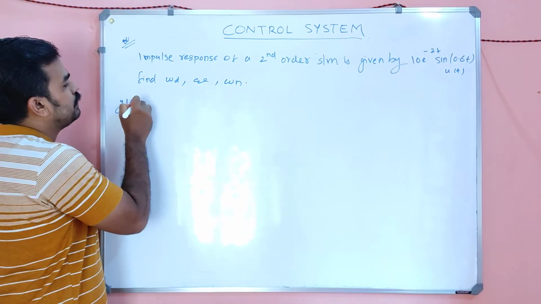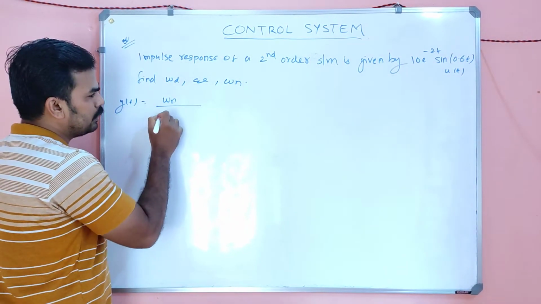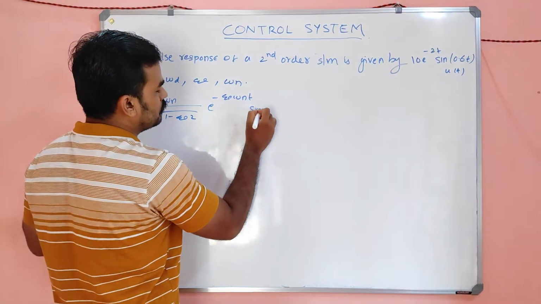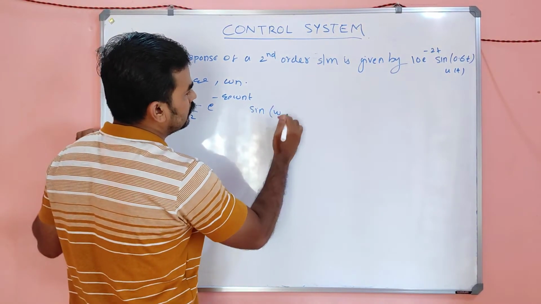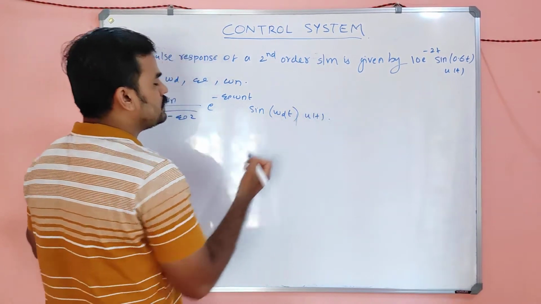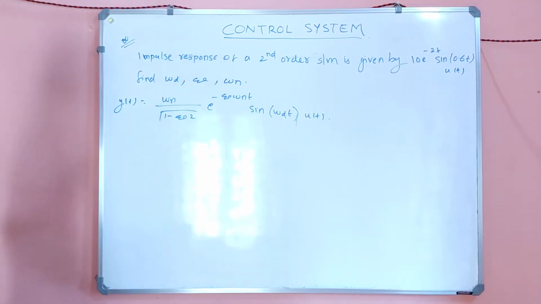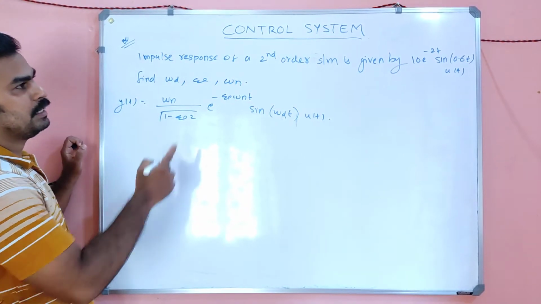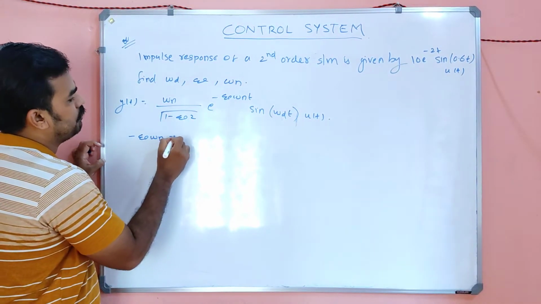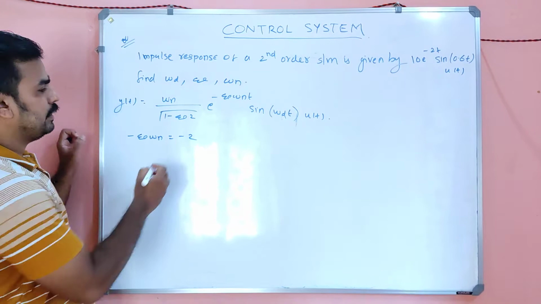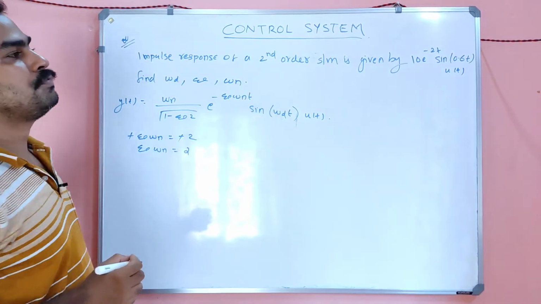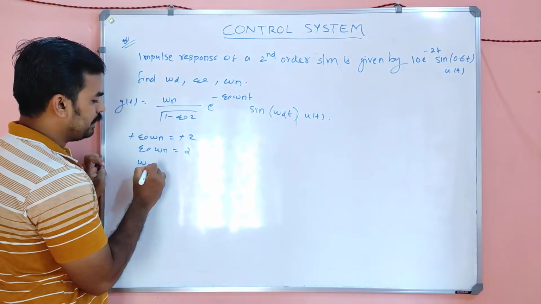We have y of t equal to omega n divided by root of 1 minus theta square, into e raised to minus theta omega n t, into sine of omega d t, into u of t. This is the output equation. So compare this equation with that equation. You will get e raised to minus theta omega n t, so minus theta omega n will be equal to minus 2. Correct? So simply theta into omega n will be equal to 2. And sine of omega d t is sine 0.6 t. So omega d is equal to what?